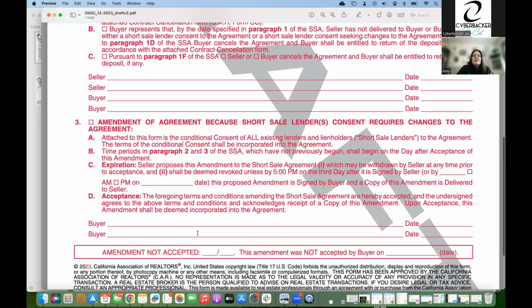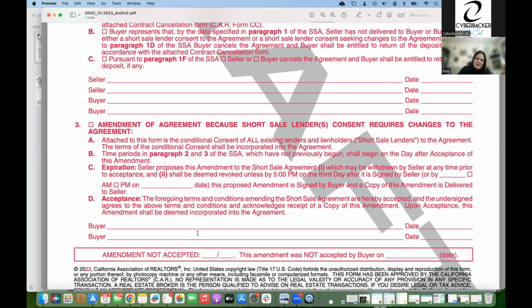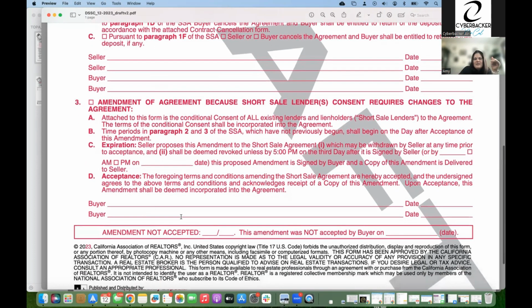Okay, so we're either going to check box 1, 2, or 3. We're either going to sign under 1, 2, or 3. Please don't sign all 3. I feel like this should be a seller signature line here, not a buyer line, but that's all right. Maybe they'll fix that and update it. We'll see. Because it should be, hey, seller's proposing this, and then the buyer gets to either accept it or not accept it.